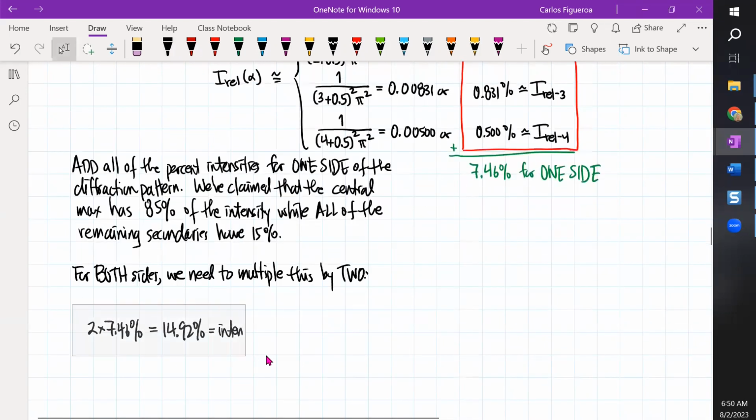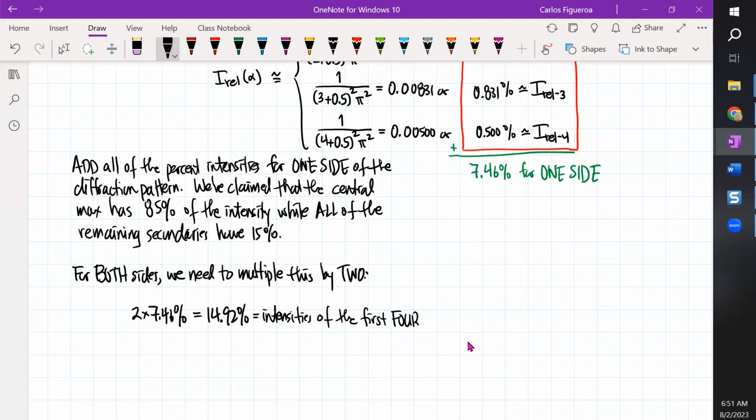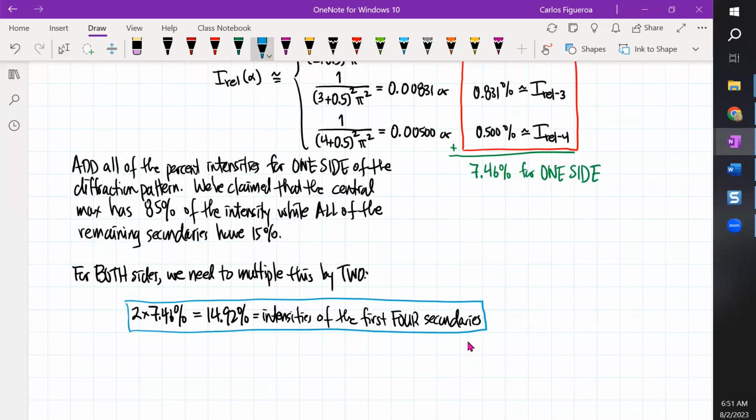So then if you look at this, we now have this value, and this is the intensity of the first 4 secondaries. As we go to n equal to 5, 6, 7, they get way dimmer.